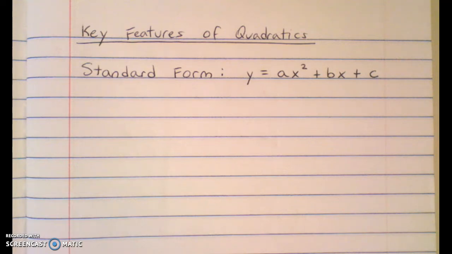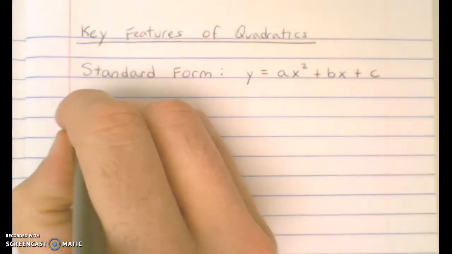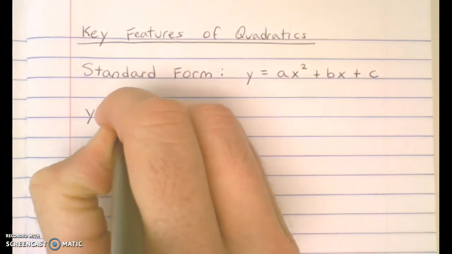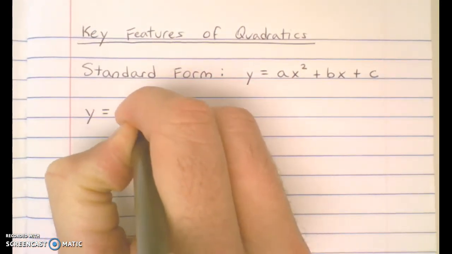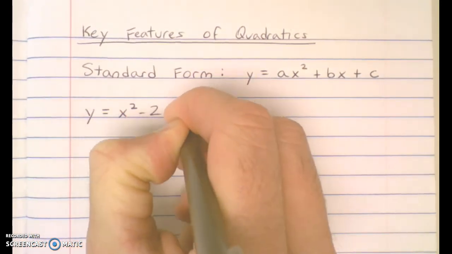So let's look at an example of a quadratic equation. We're going to graph it, and then we're going to identify some of the key features of that graph. So here's an example we can take a look at. Let's say I gave you this equation, y equals x squared minus 2x plus 3.